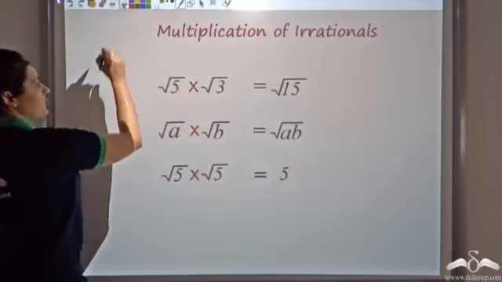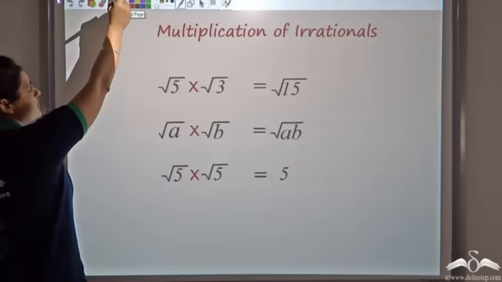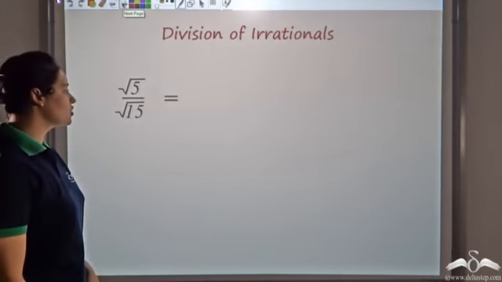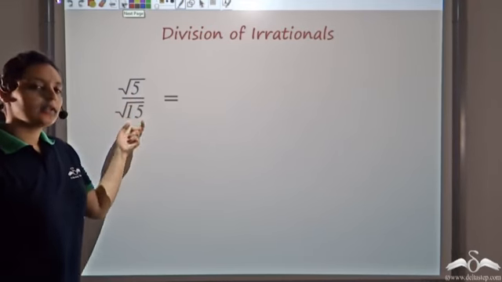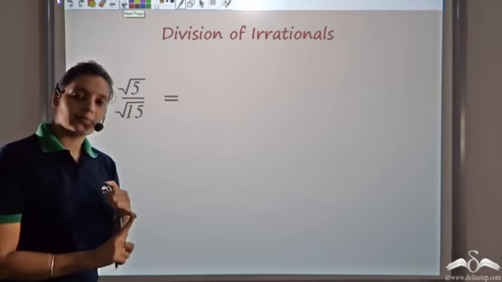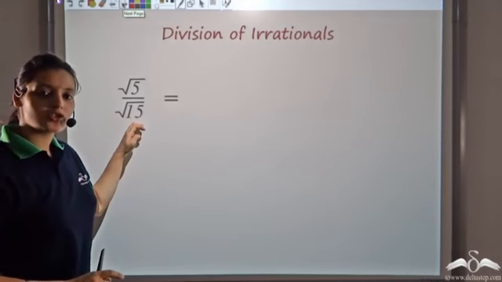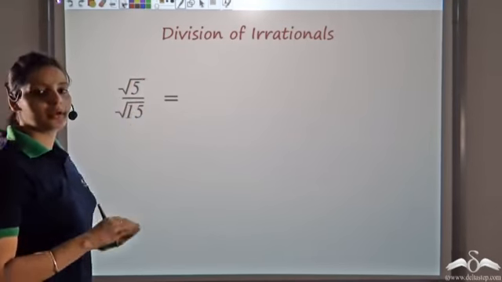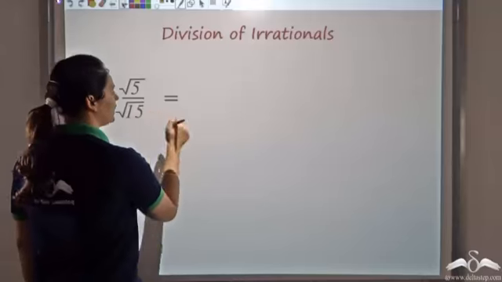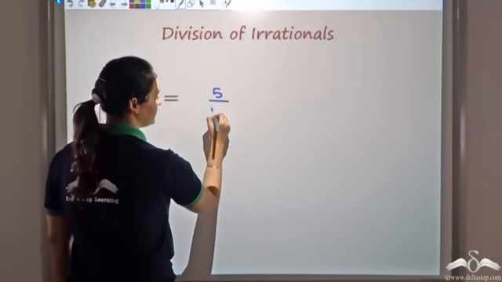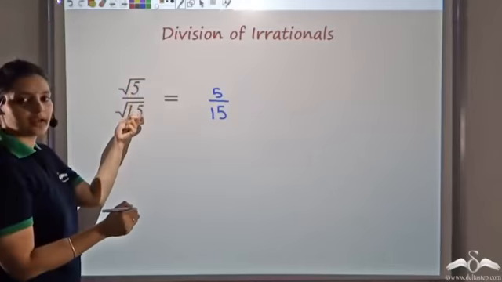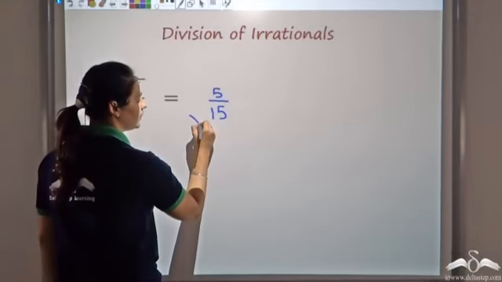Now let's look at division. Under root 5 divided by under root 15. Again, like multiplication, we can divide irrationals also just as integers and put an under root sign there. So what I'll do is, I divide 5 by 15, that is the numbers 5 and 15, and I put an under root sign.